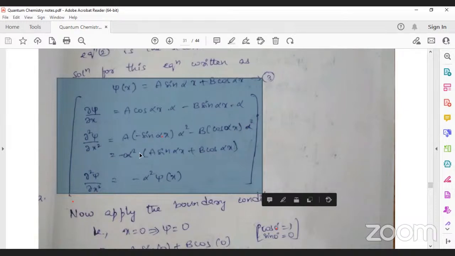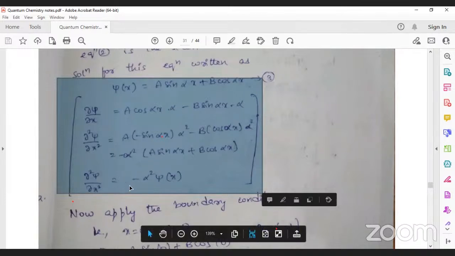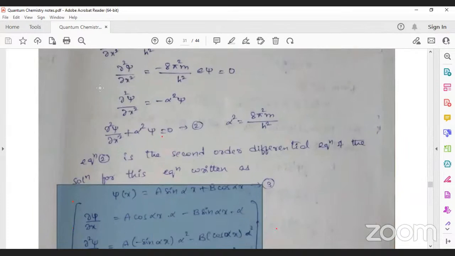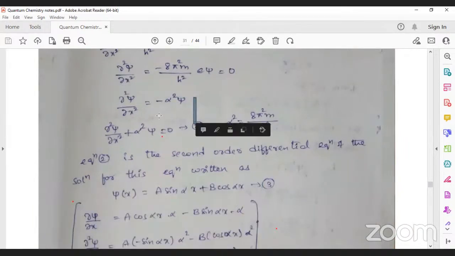Therefore, we get minus α² common. We will get A sin αx plus B cos αx, which is ψ(x). Therefore, ∂²ψ/∂x² is equal to minus α²ψ. So this is the same second order differential equation, right?